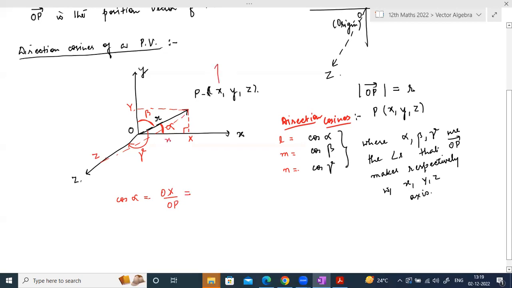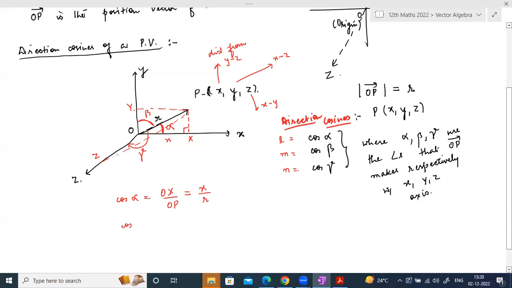In 3 dimensions, x becomes the distance from the YZ plane, y becomes the distance from the XZ plane, and z becomes the distance from the XY plane. So OX upon OP will give you x upon r.